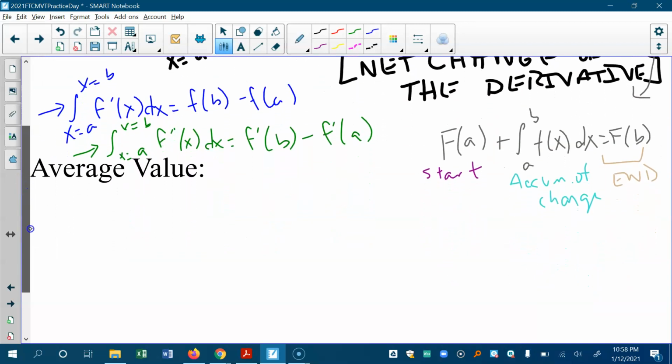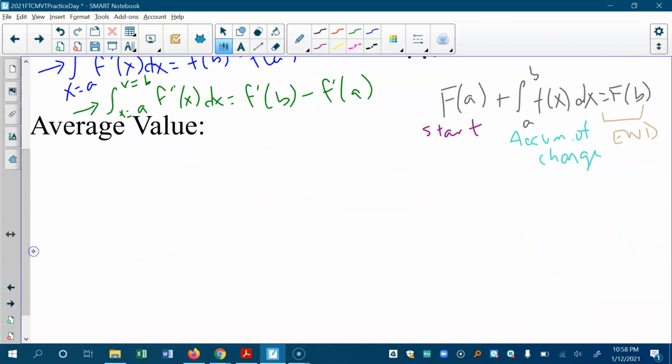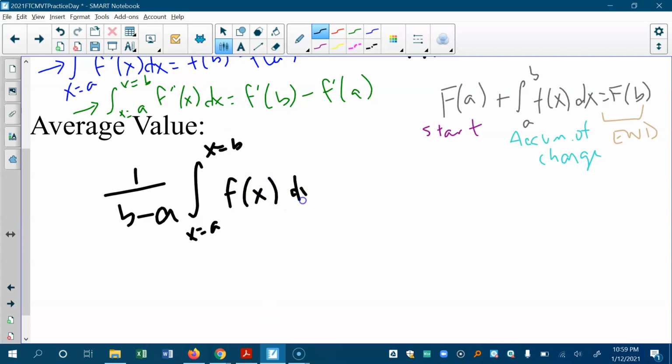That's all about the fundamental theorem of calculus. The next part is the average value. And if you see the word average, again, there's a good chance that you're going to have to use this formula in some way, where you are either solving for c or you're just calculating the average value.